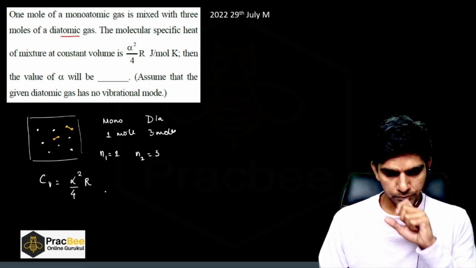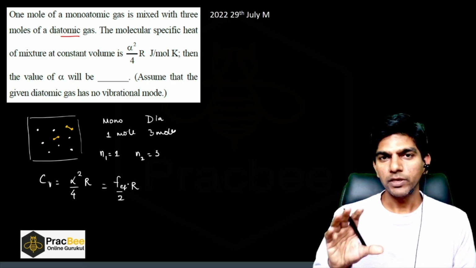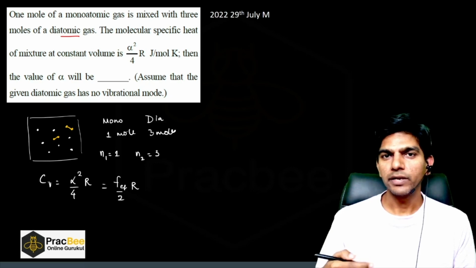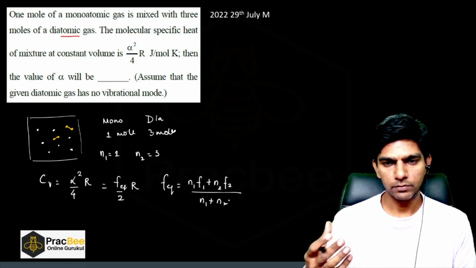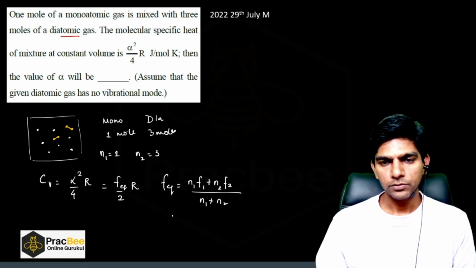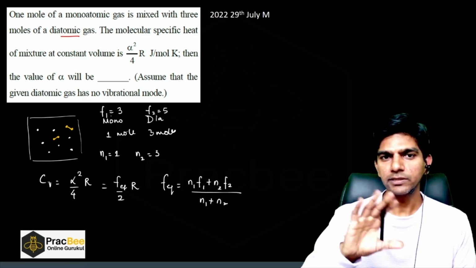And we know that Cv is nothing but f equivalent by 2 R. So when we have more than one gas in a container, we have to find the equivalent degree of freedom. And this equivalent degree of freedom will be N1 F1 plus N2 F2 divided by N1 plus N2. It is the weighted mean for the degrees of freedom. So for monatomic gas, F1 is 3, and for rigid diatomic molecules, F2 will be 5, if nothing is given about that.